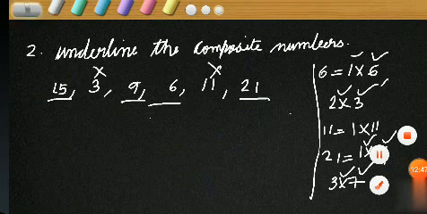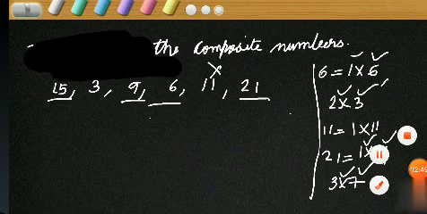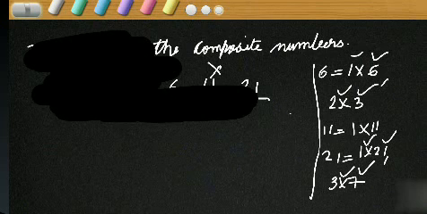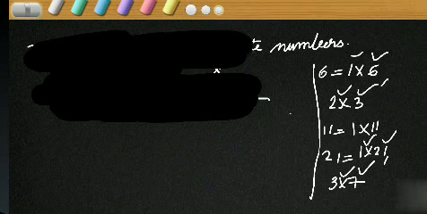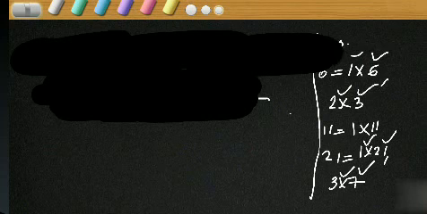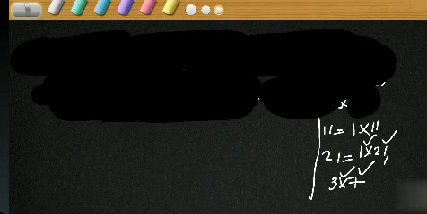Okay, now write down the question number 3. Encircle the numbers which are divisible by 2. Yesterday I gave this question and most of you have sent the answer also. Good. Okay. Question number 3.